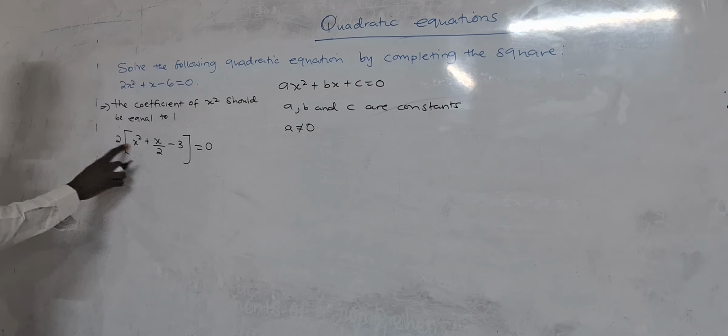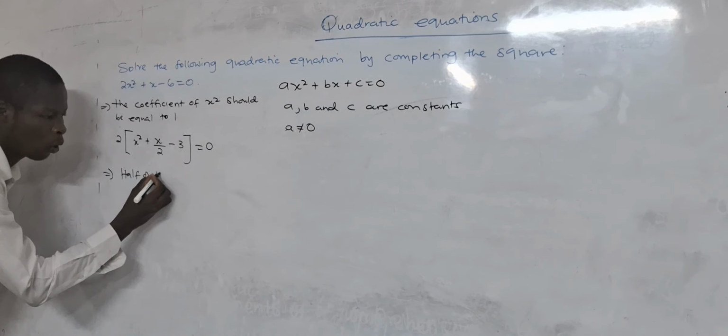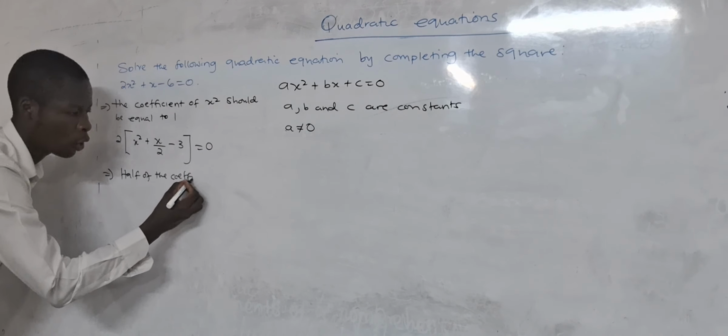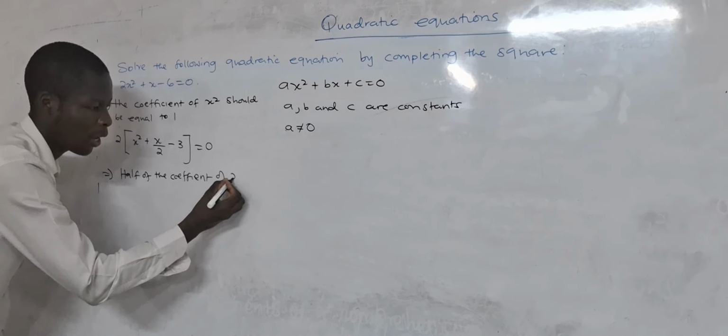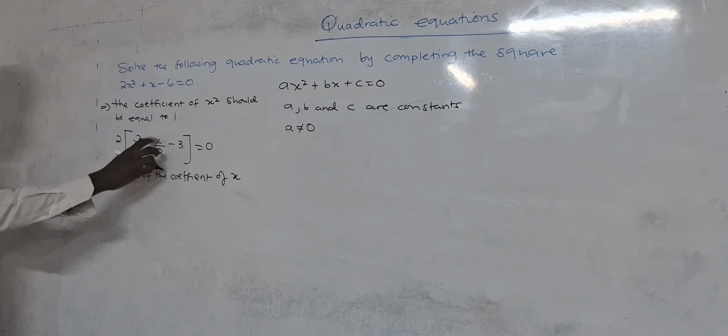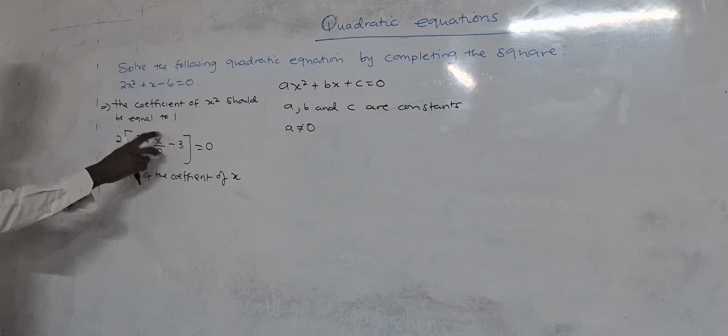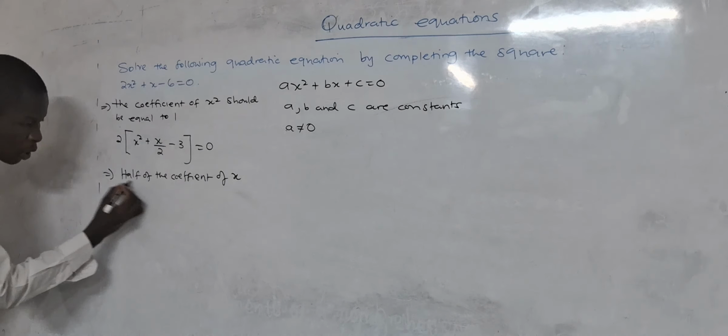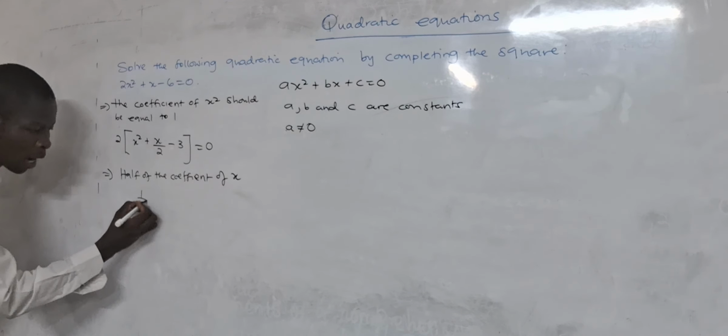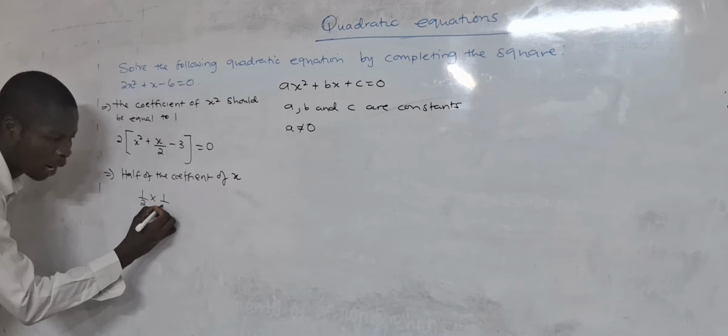You find half of the coefficient of x. Here the coefficient of x is half. So you are supposed to find half times half.